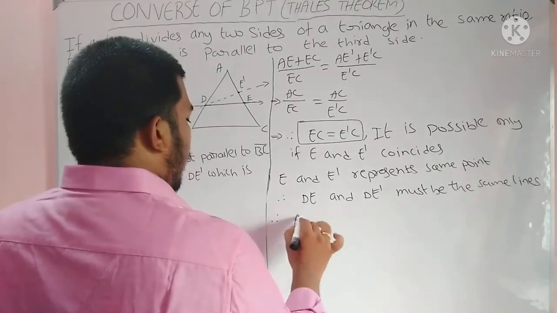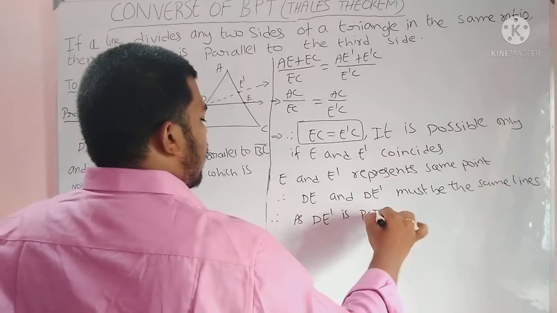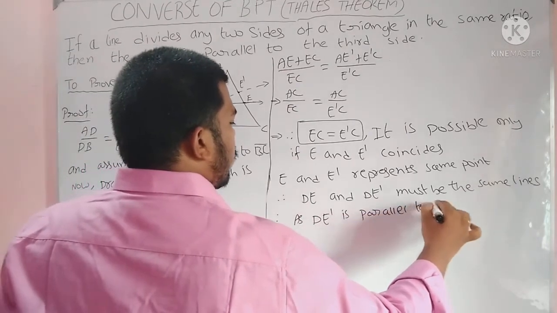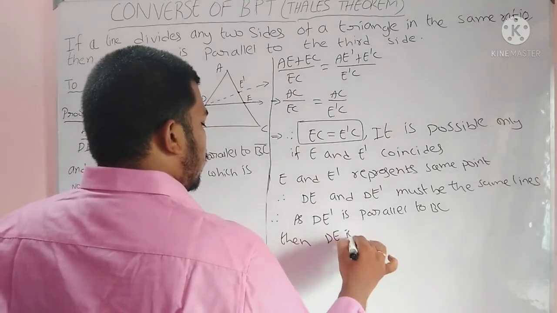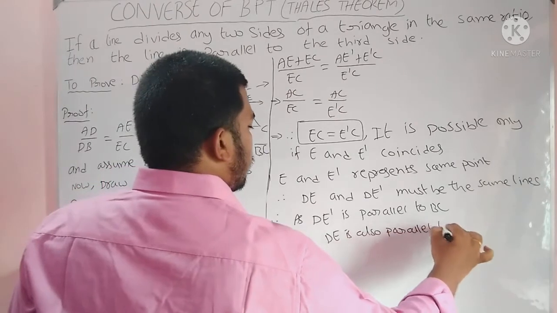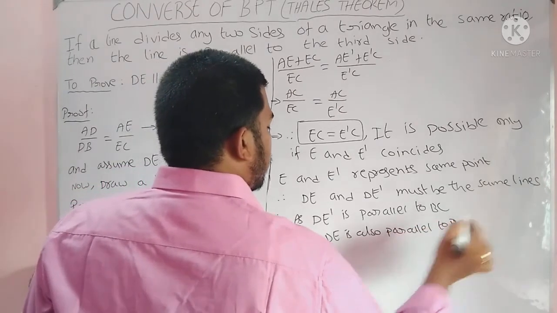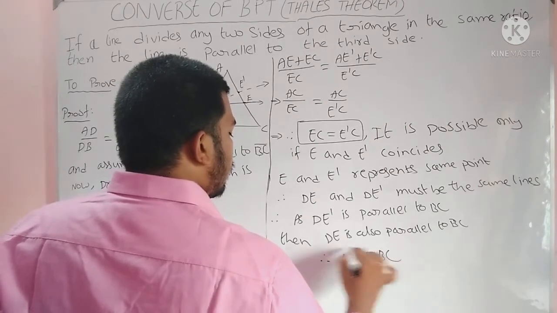So, as DE dash is parallel to BC, then DE is also parallel to BC. Finally we can write DE is parallel to BC.